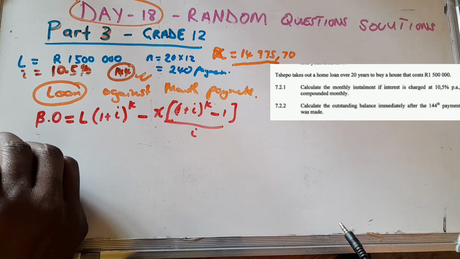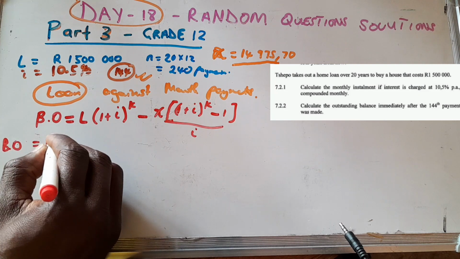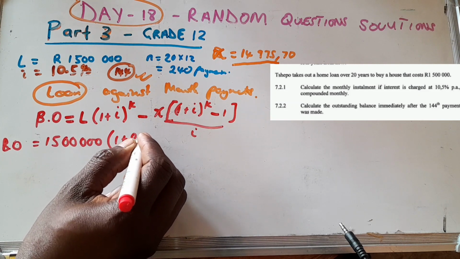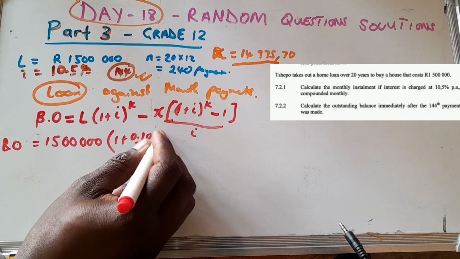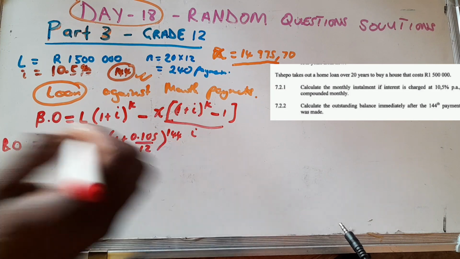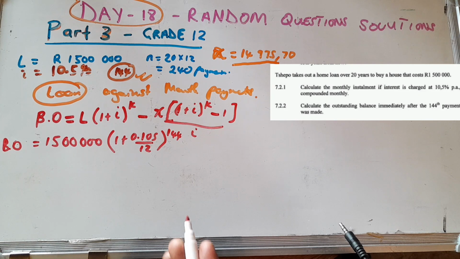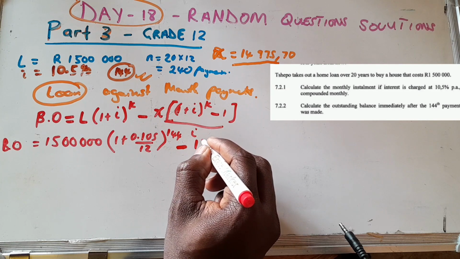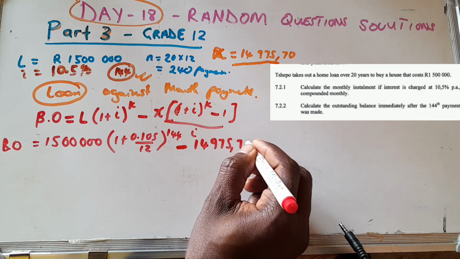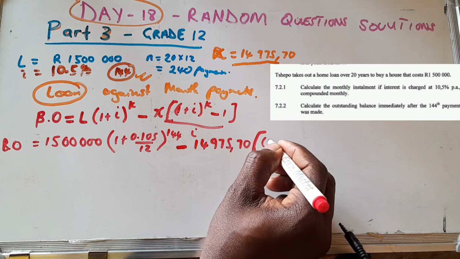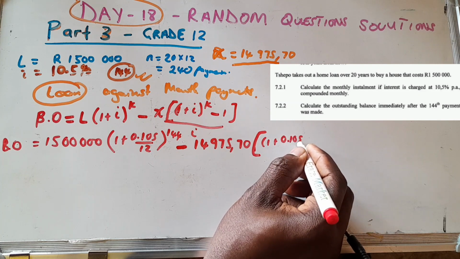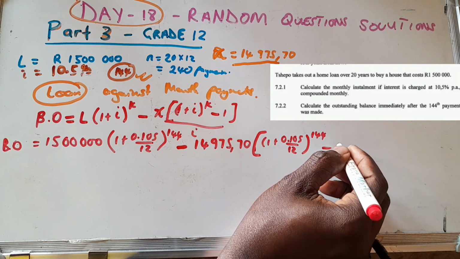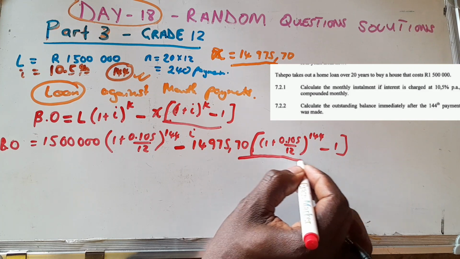So putting in every detail, our balance outstanding becomes the loan that we took, 1.5 million, times 1 plus the interest, 0.105 divided by 12, to the power 144, the payments already made, subtracting x, the monthly payment, which is 14,975.70, times 1 plus 0.105 divided by 12 to the power 144, minus 1, all over 0.105 divided by 12.